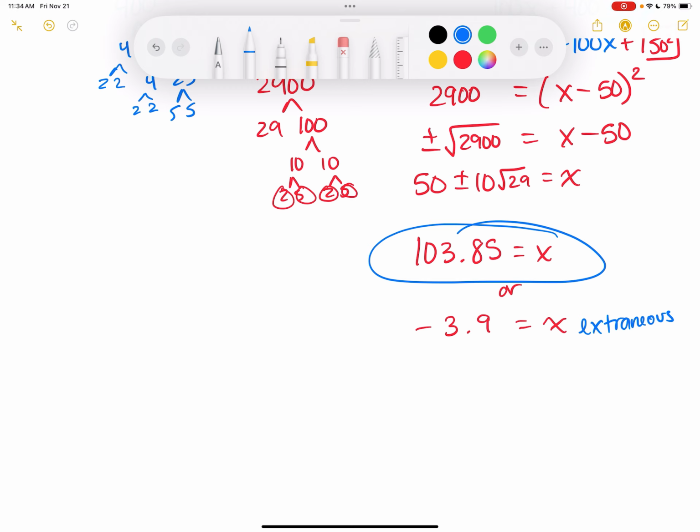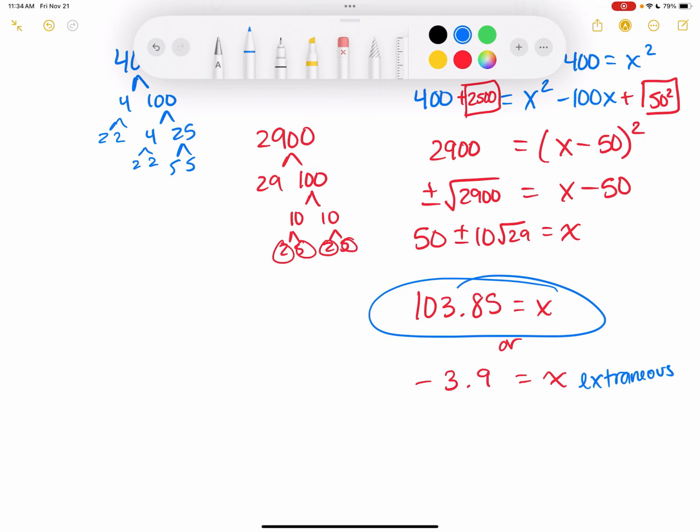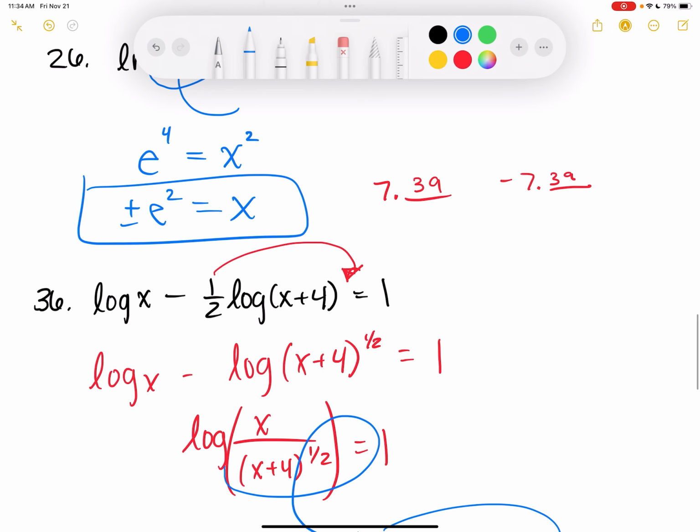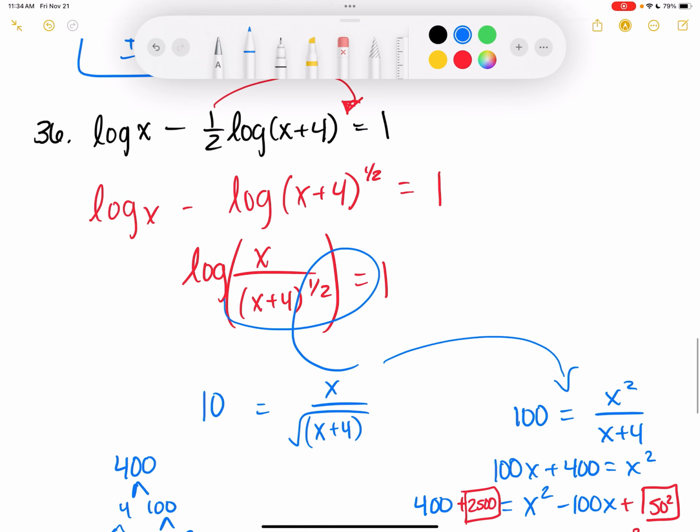On our test, will it ask us for an extraneous solution if we have to put it down? Well, when it says to solve, you would need to just automatically know to look and check this to see. Now, if it was just that part, it wouldn't be extraneous, even though the x is negative, because it doesn't make what's inside negative. It's plus 4.